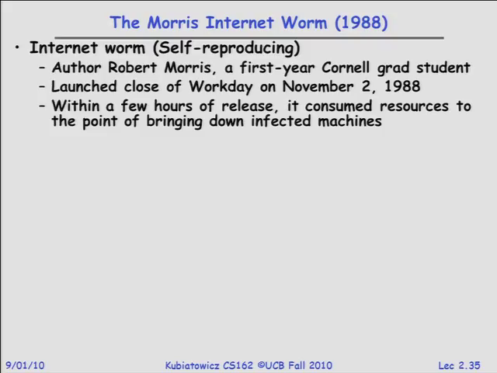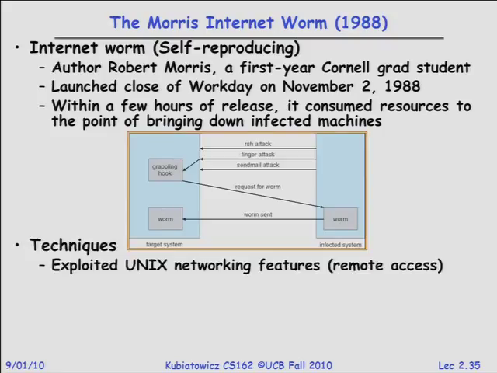But these were different ways of getting in. And then once a little program got in there, it would download the rest of itself, and then the worm would go through the password file and try to find passwords it could decrypt with a dictionary attack, and then it would talk to other people and so on and so forth. And it was clever. Not sure it was the right thing to have done at the time.